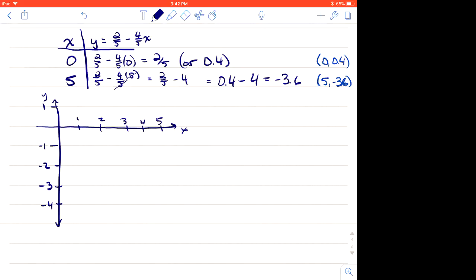Okay, to plot our first point, x is 0 and y is 0.4. I'll just put it here. Then my second point is when x is 5 and y is negative 3.6.